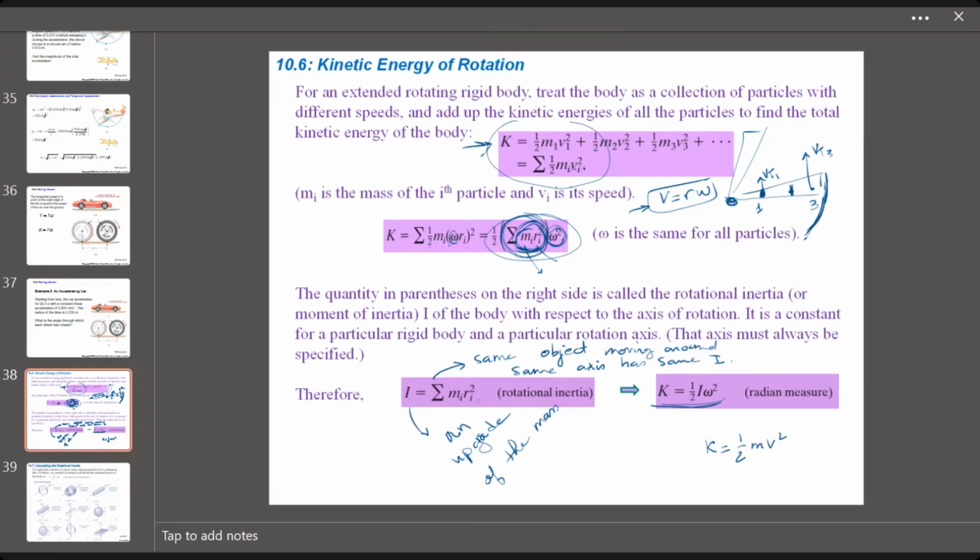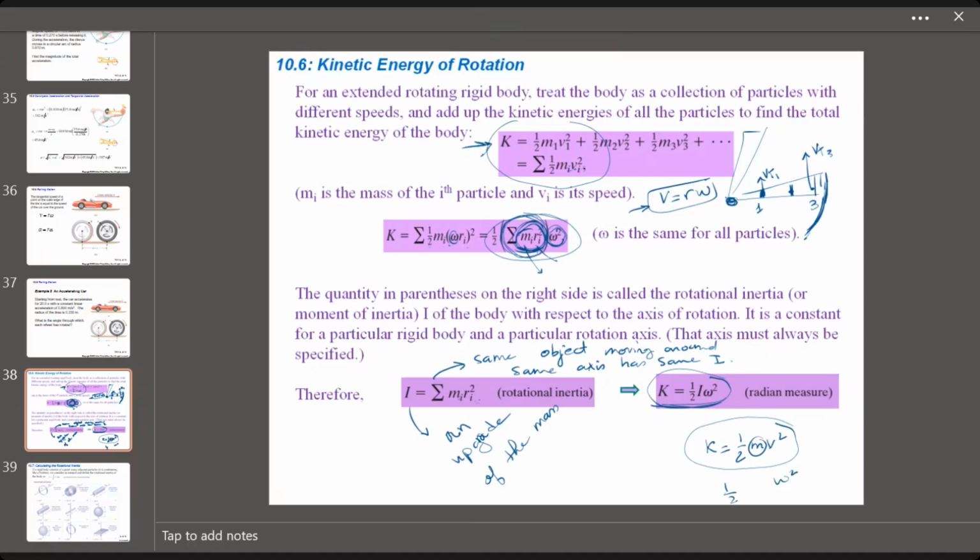Now, when I defined I to be mi Ri squared, my equation for K looked way more similar to the translational version of it. So basically, it's just as if I substituted V by omega, and M, the mass, because how the mass is spread will affect my rotation.